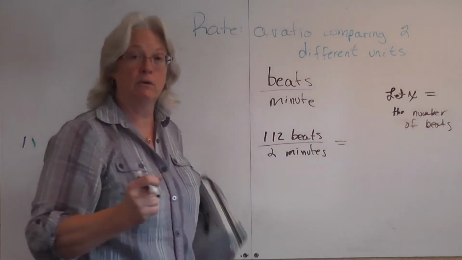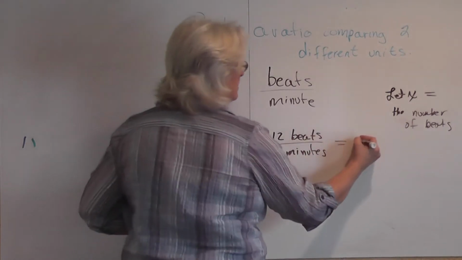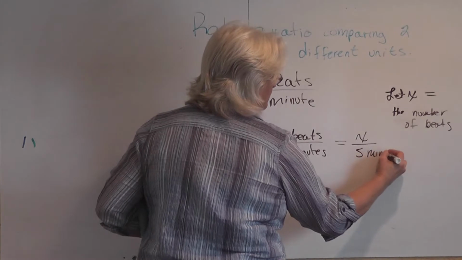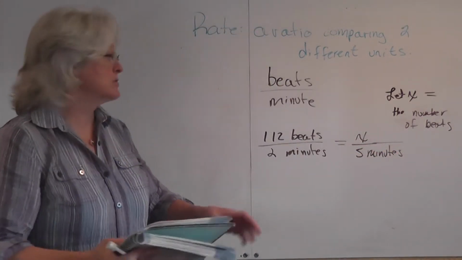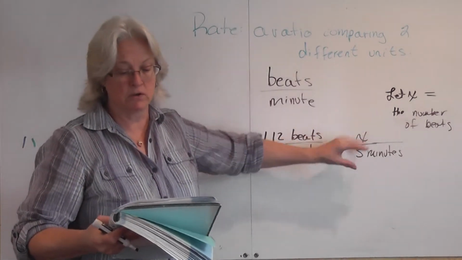We want to know how many times his heart beats in 5 minutes. This is a proportion because we're setting up two equal ratios.